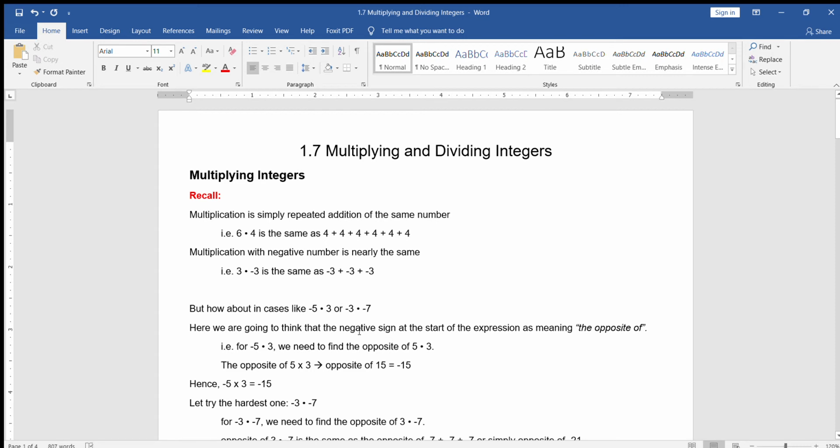What is the opposite of 5 times 3? The opposite of 5 times 3 is the opposite of 15, which is negative 15. So that means negative 5 times 3 is negative 15.